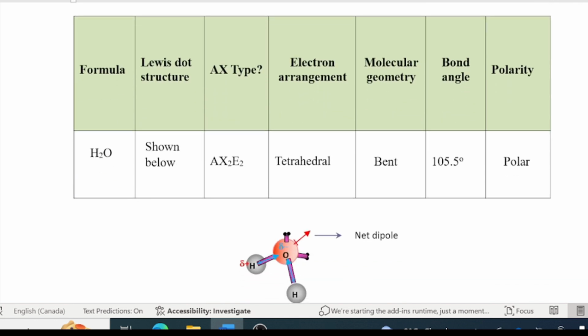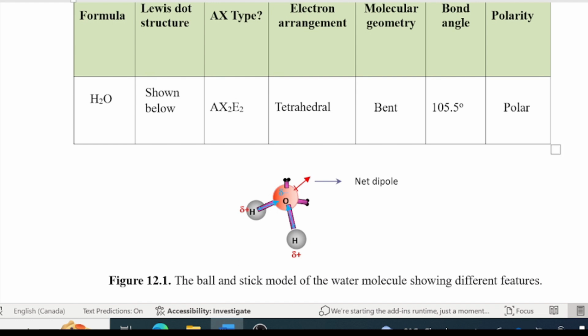Okay? So here is the formula for water. And this is a ball and stick model of water here. It's an AX2E2 type of molecule. The electron arrangement again is tetrahedral.